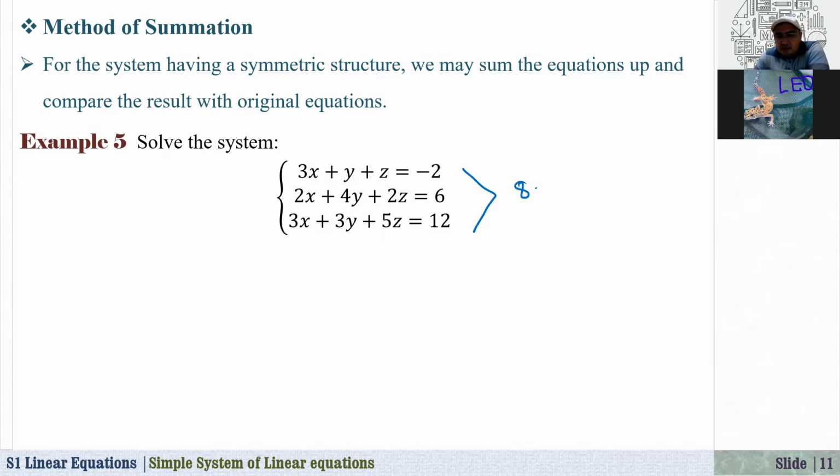So here we have 8x, y plus 4y plus 3y is also 8y, 1z plus 2z plus 5z, also it is 8z. On the right-hand side, negative 2 plus 6 is 4, 4 plus 12, that's equal to 16. Now, if you divide both sides by 8, here we have x plus y plus z is equal to 2.